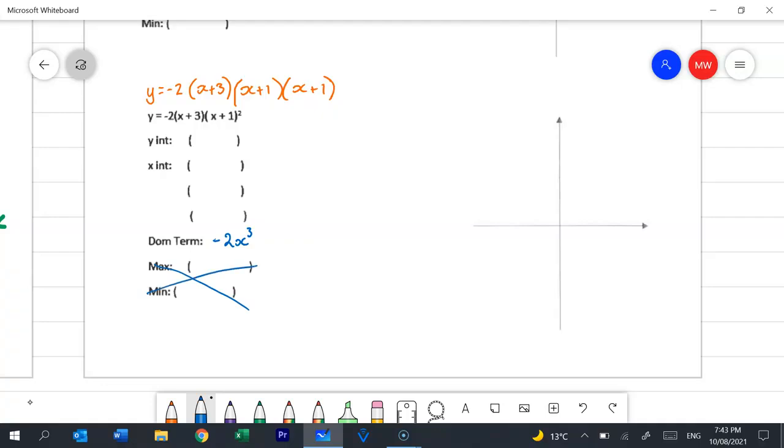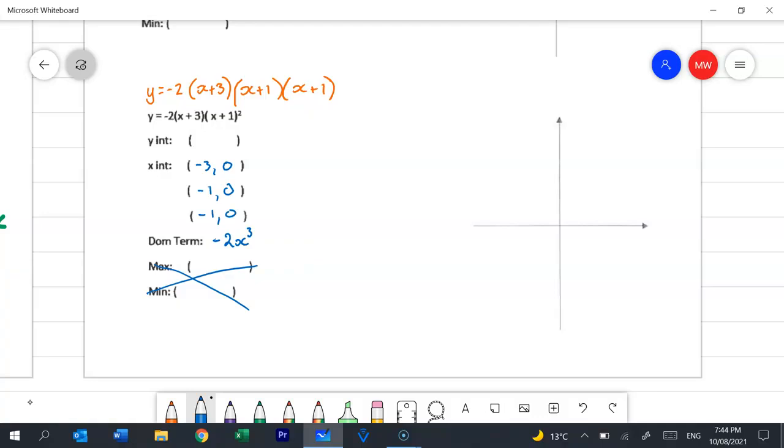Our x-intercepts are easy to ID. We've got one where x is minus 3, y is nothing. One at minus 1, 0. Another one at minus 1, 0. So two the same, so we know we're going to bounce off the line again.